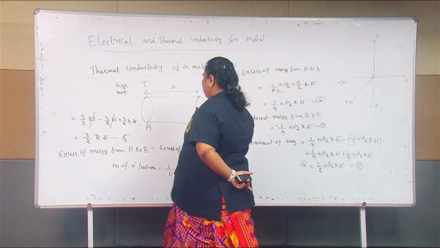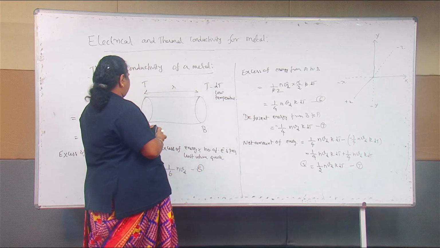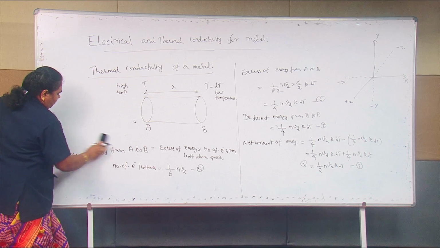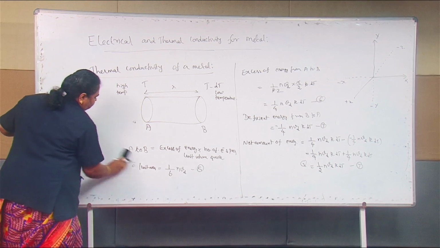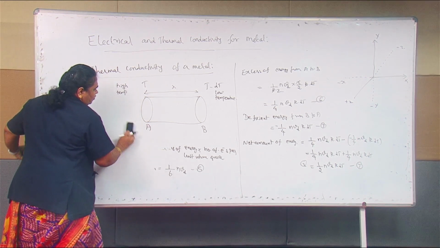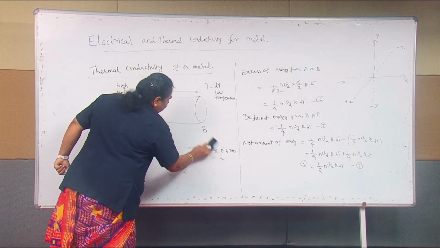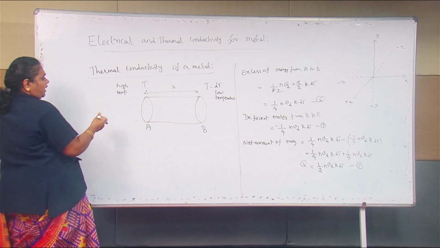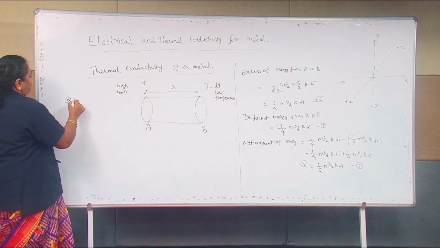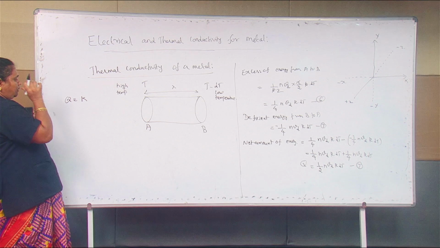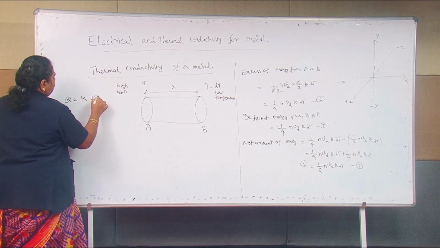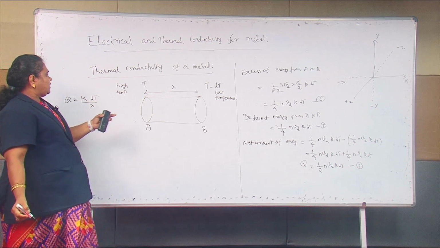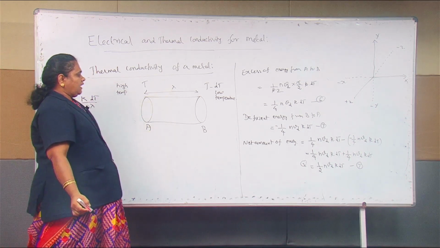We need to relate this equation number 7 with the basic equation, as we already know. According to our case, we have a general expression: the amount of heat conduction from A to B, Q, can be written as K multiplied by dt divided by lambda. Here the length of the conductor is represented as lambda.